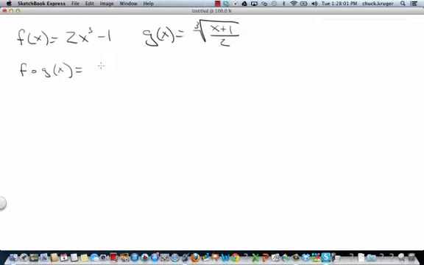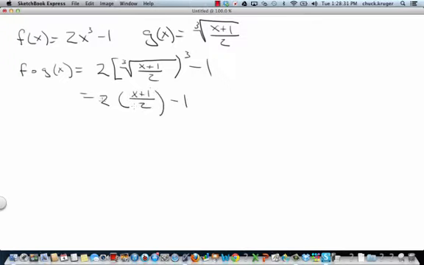That's going to be 2, again using a bracket, the cube root of x plus 1 over 2, that thing cubed, minus 1. So the cube root and the cube simplify to this: x plus 1 over 2 minus 1. And then these simplify, and I'm left with x plus 1 minus 1, and I get x.